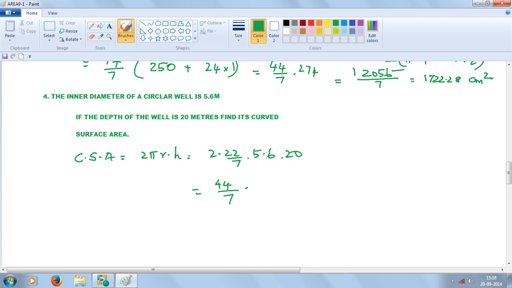If you cancel 5.6, it becomes 0.8, since 8 sevens are 56.